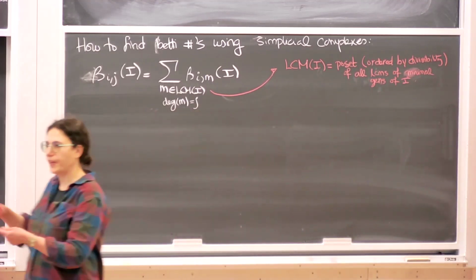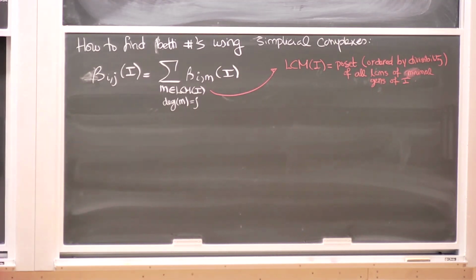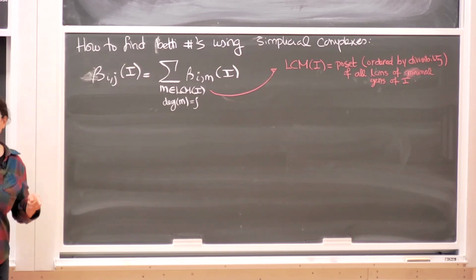It's finite. It's a finite lattice. At the very top of it is the LCM of all the generators. And at the bottom of it, you can stick a 1. Okay. And it itself is one of the objects you can use to find multigraded Betti numbers.